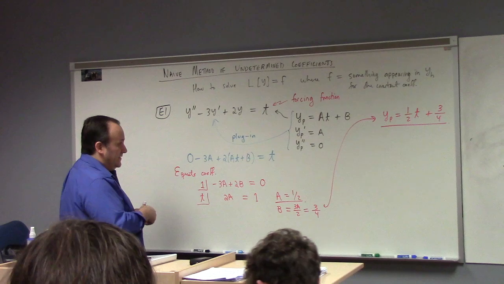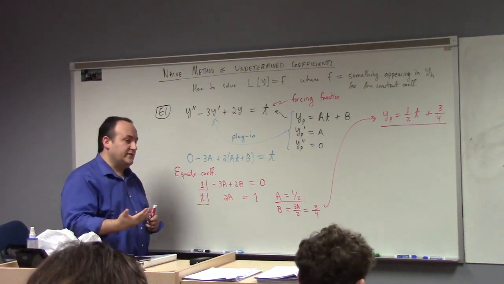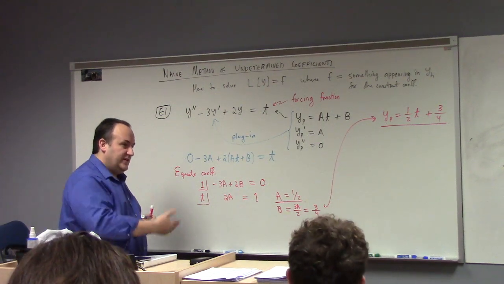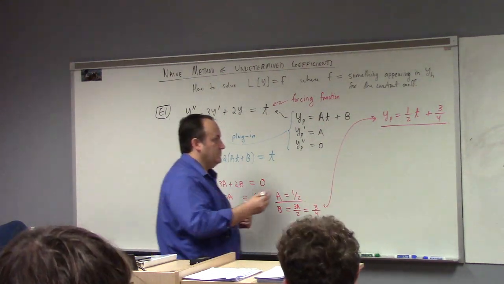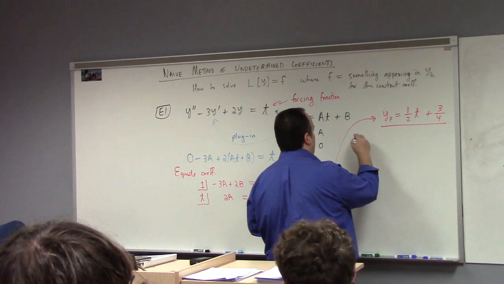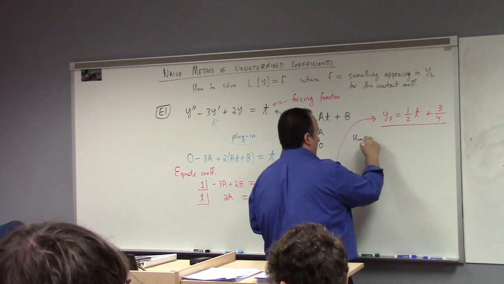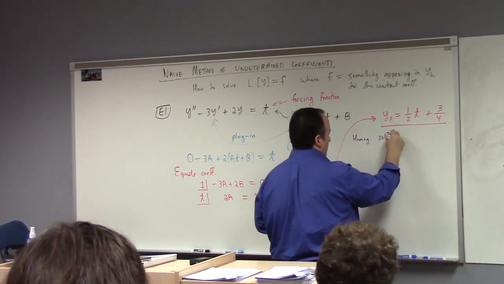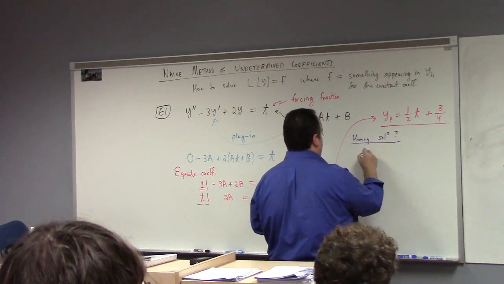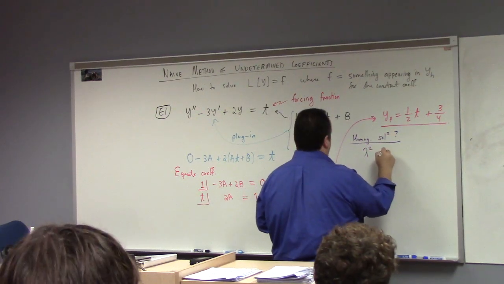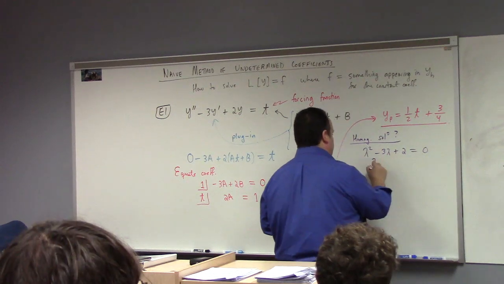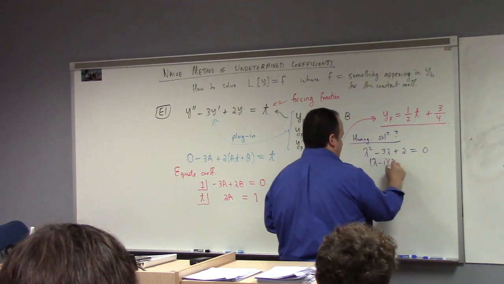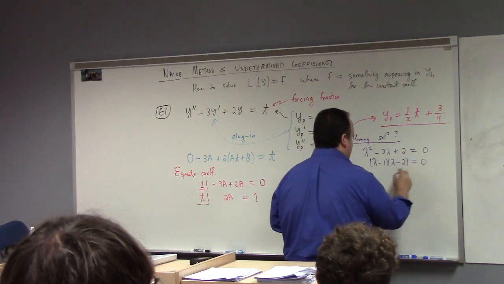Remember, the theory says that the general solution is the sum of the homogeneous solution and the particular solution. What's the homogeneous solution here? We've got lambda squared minus 3 lambda plus 2 equals 0, which is lambda minus 1 times lambda minus 2 equals 0.